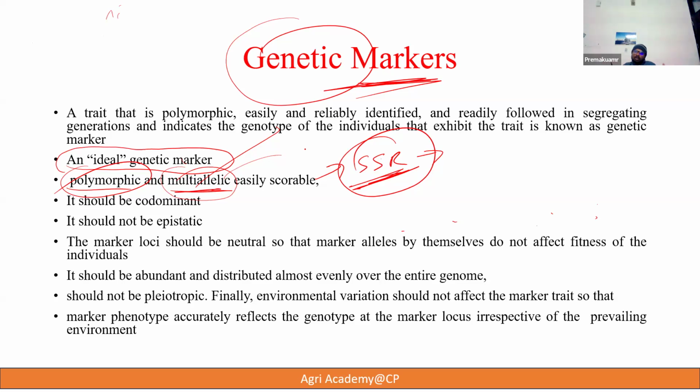If you have more alternative forms, you have more polymorphism in the particular population, and it is easy to select. Then it should be codominant. I will come to dominant marker and codominant marker later. As of now, remember a marker should be codominant, polymorphic, multi-allelic, and should not be epistatic.